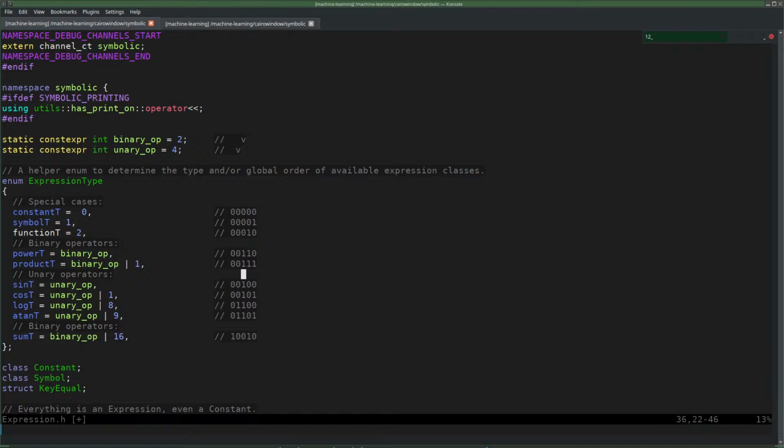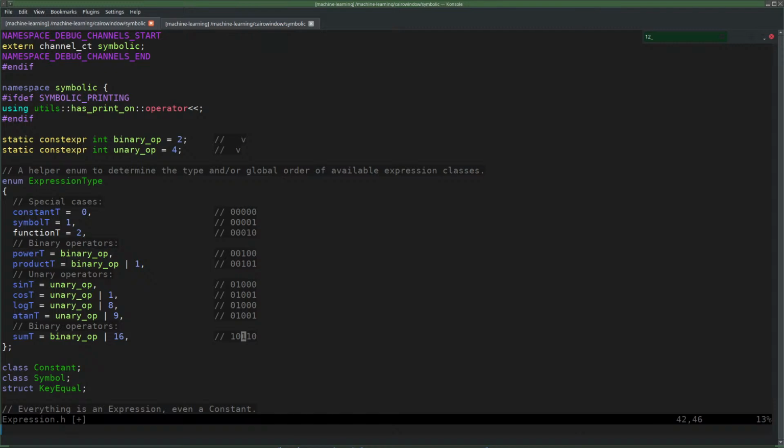Binary operators. Is this the binary operator? Yep. The unary operator is this one. And then it must increase in size, so this could be just 0, in value, I mean. These must all be 0. What is this?